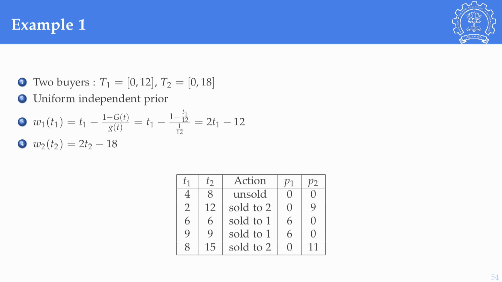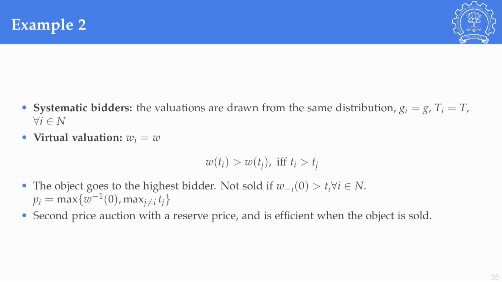Okay, so I think we are almost at the end now. So this is one special case, the other example where all the bidders are symmetric bidders, not systematic bidders. So the agents are all IID agents. So their type set is the same, the sets of types T_i are all the same, and their distributions are all the same for every agent.